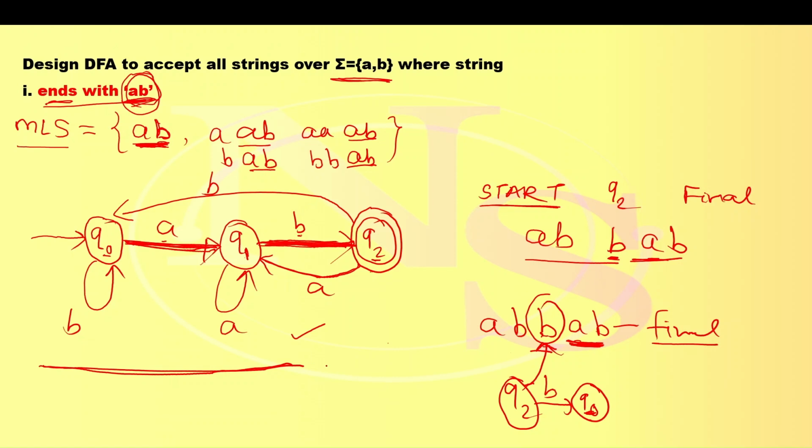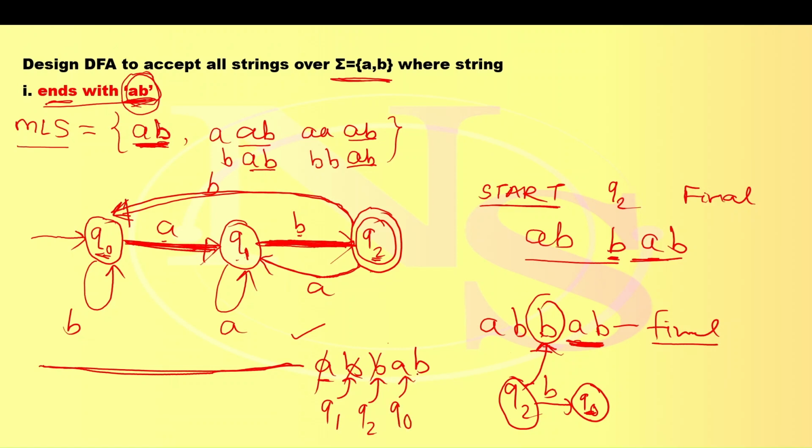If you want to verify, we can verify it. Suppose the same string I am writing here, ABB, AB. First symbol A, Q0 reading A, going to Q1. Q1 reading this B, going to Q2. Q2 reading B, going to which state? Q0.